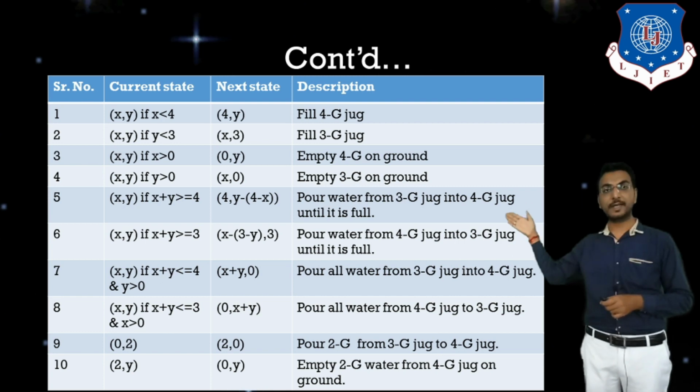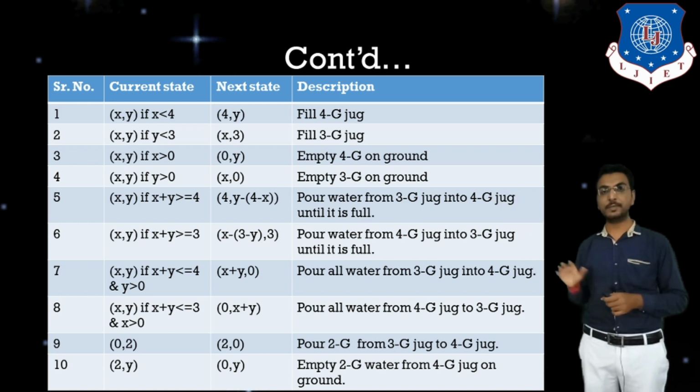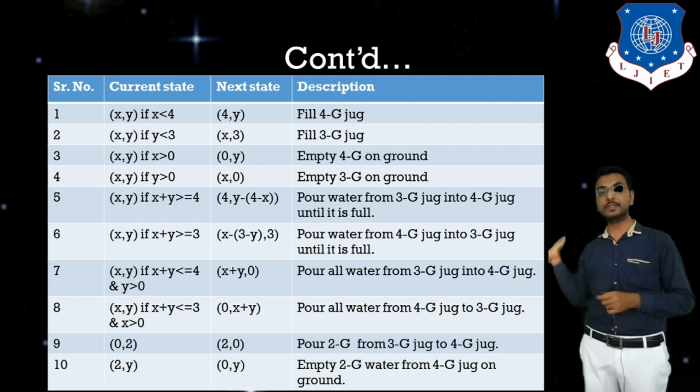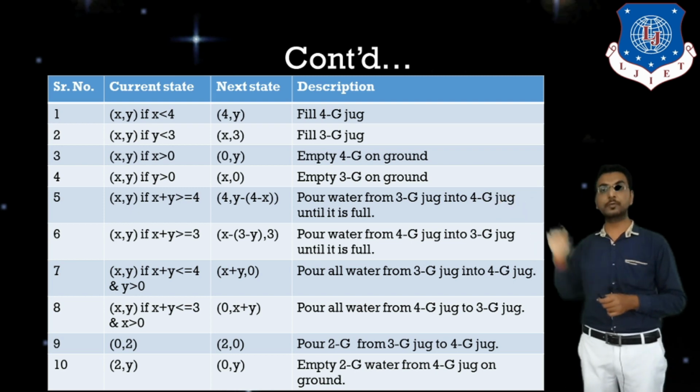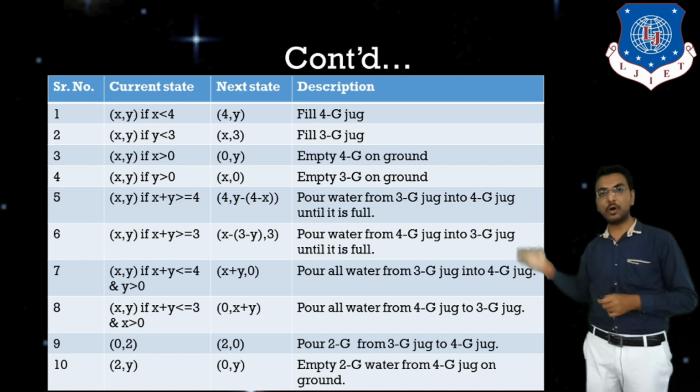Okay, next number 5 is, pour the water from the 4-gallon jug to the 3-gallon jug until the 4-gallon jug is full. That means let's say we are having 2-gallon water in the Y jug, then that 2-gallon can be easily transferred to the 4-gallon jug. Likewise, we have specified all rules.